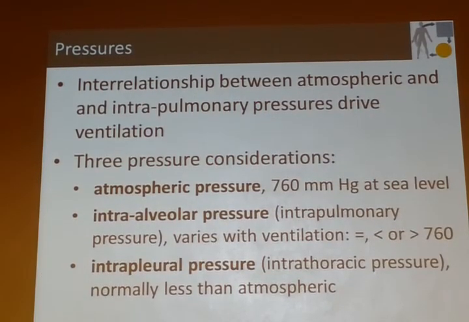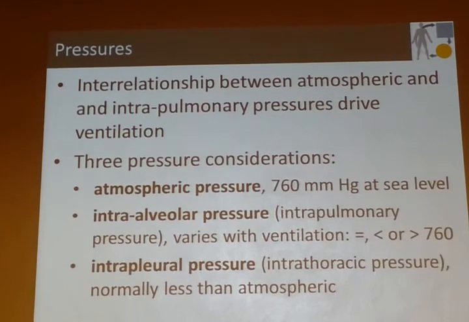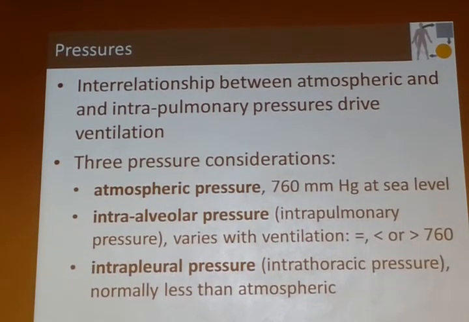So pressures. We have atmospheric pressure at sea level where we are now, it's 760. Even when the barometric pressure goes up with a storm coming in, it doesn't go up very much. It might go up to 762, but probably not much higher than that, even with a real nasty storm coming in.